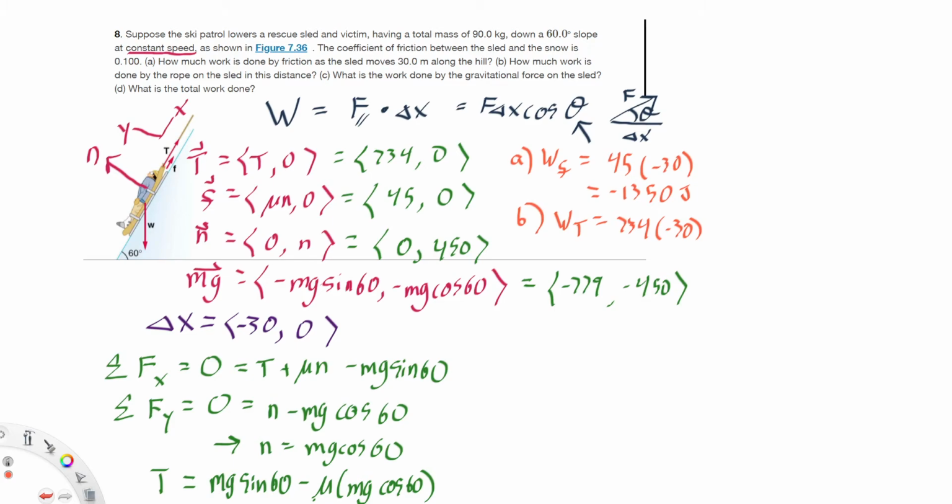Here, the cosine of 180 degrees is minus 1, right? For me here, I've let that minus 1 be carried in this negative sign, right? So if we have forces and displacement that are in opposite directions, that will lead to a loss in energy, which is a negative work. And if they're in the same direction, they're both negative, the negative signs will cancel out and you'll get positive work done.